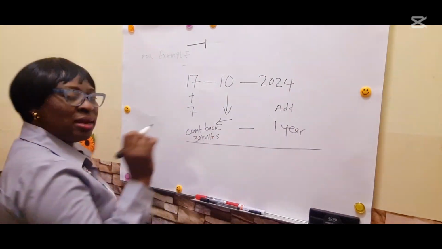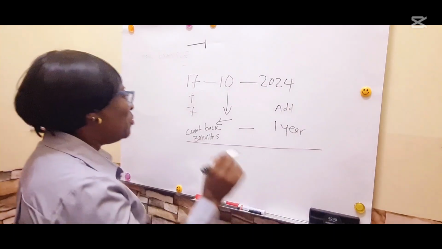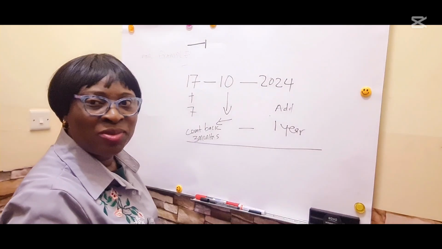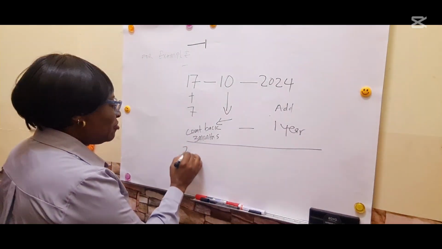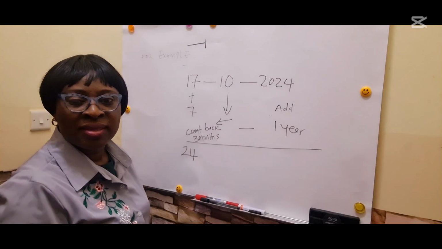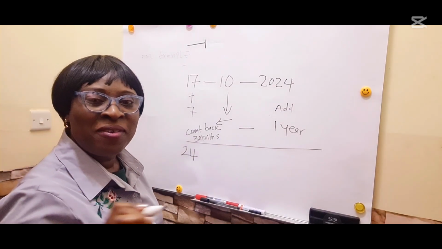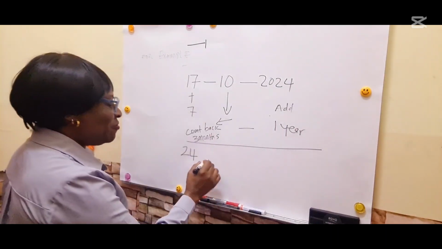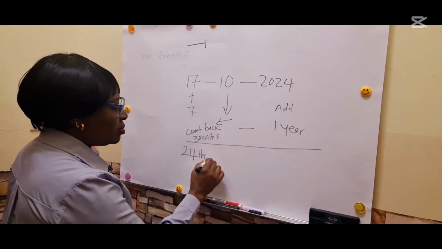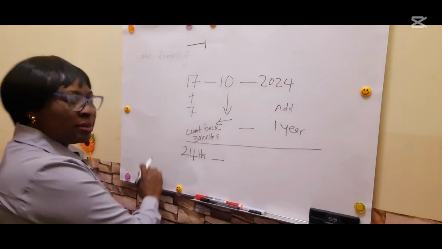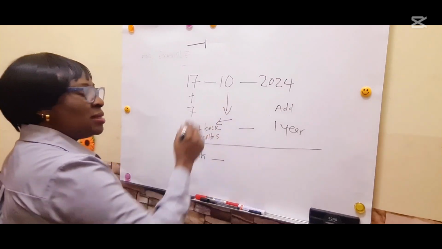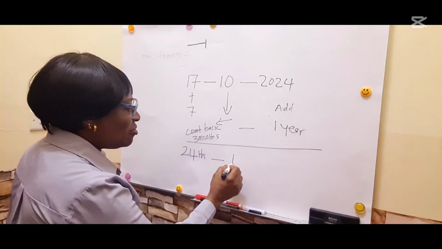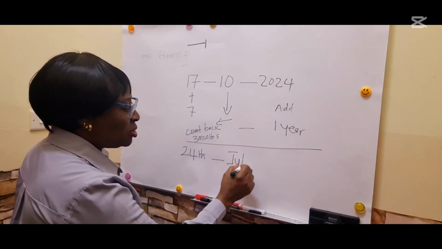So now, the woman's due date will be 17 plus 7, which gives us 24. We count back from October: that's September, August, July. We'll have the 24th of July.